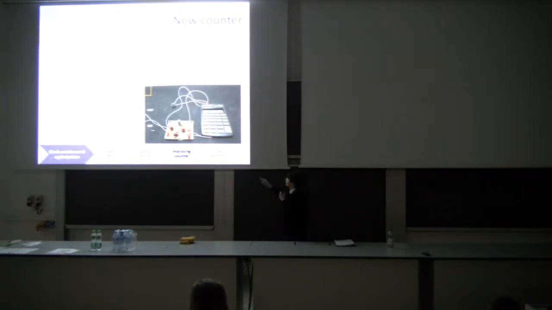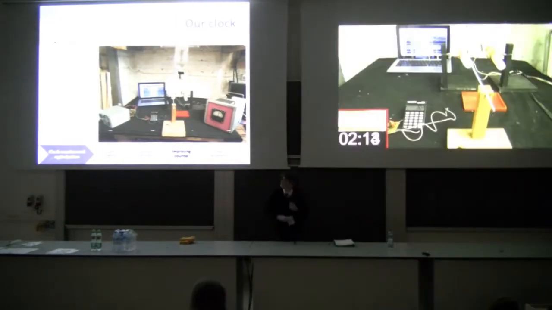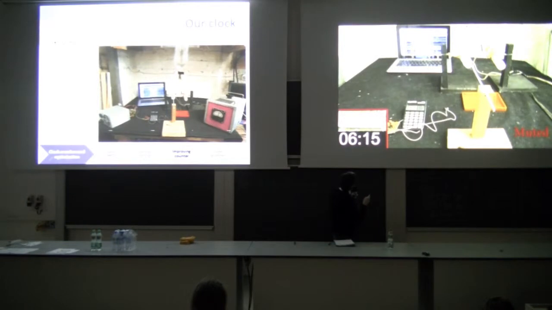Because each oscillation is 0.1 second, and so you can calculate each second. Next. In this video you can see how the calculator works as a counter, and this is the machine clock. Also, this is the microphone, this is our circuit, and this is the calculator, and the other system is the same as on the previous slides.